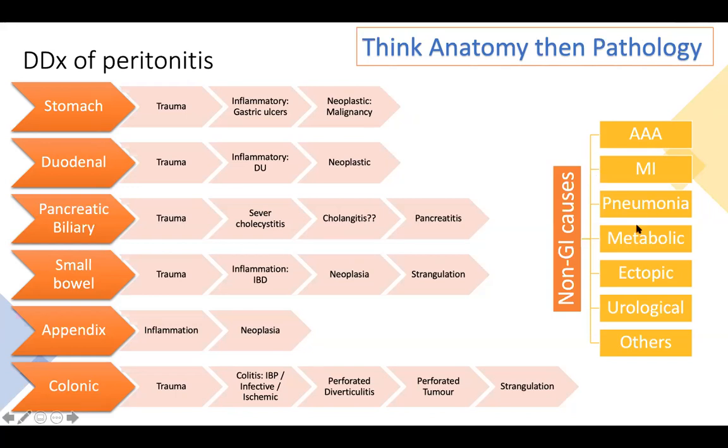Pneumonia can cause upper abdominal pain, definitely, okay. Some other metabolic things can cause abdominal pain like ketoacidosis. Ectopic pregnancy, okay, can cause lower abdominal pain in women in childbearing period, and urological can be, you know, stone or pyelonephritis or whatever, and others.